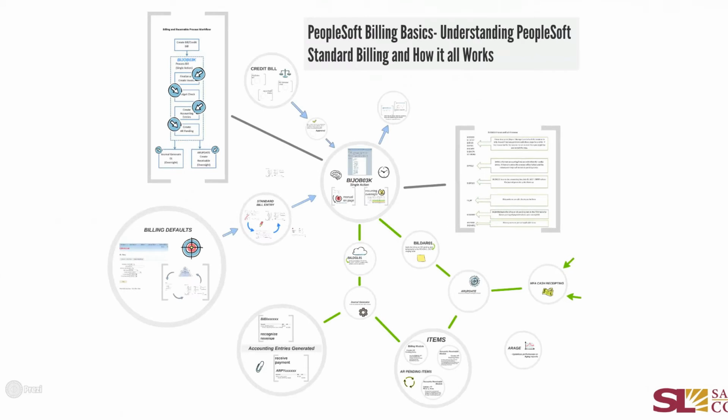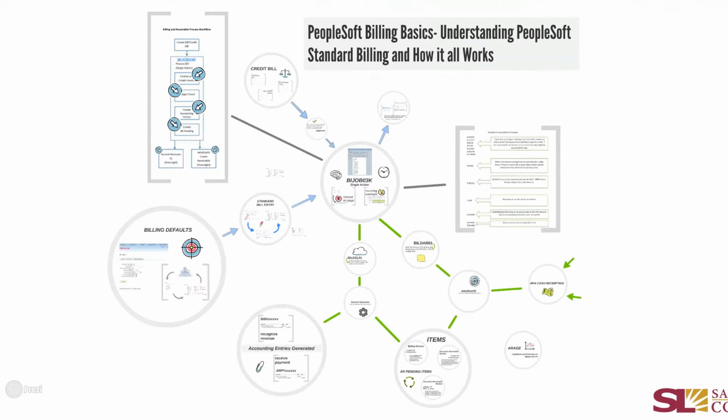So on that last little segment, we talked about receiving cash and how the AR update process updates the AR pending item or receivable item in the system to let the journal generator know that it can generate the journal entries to receive cash.